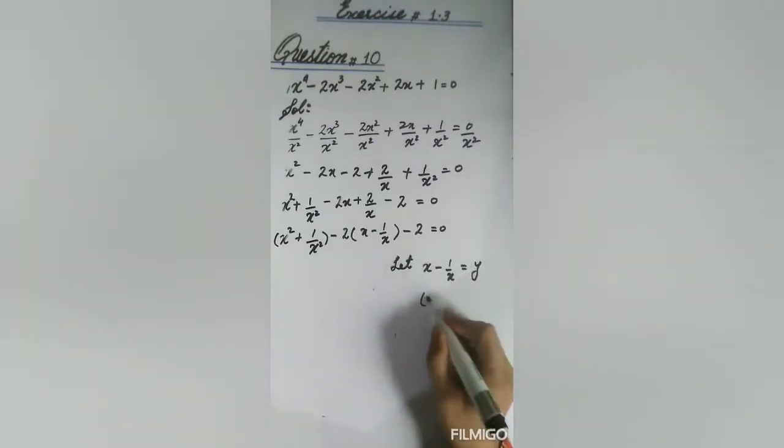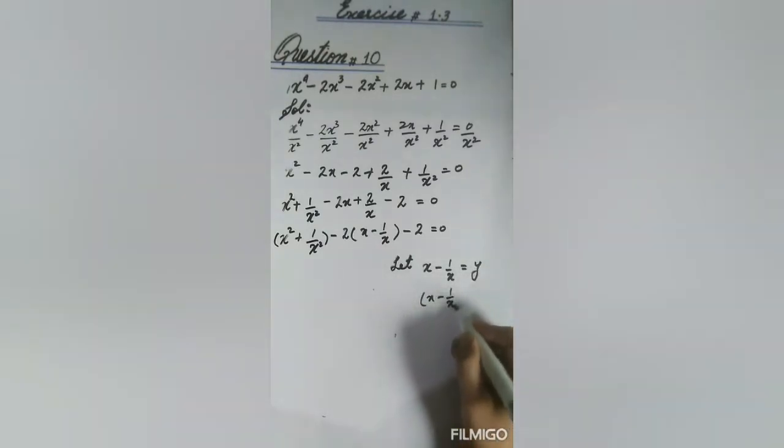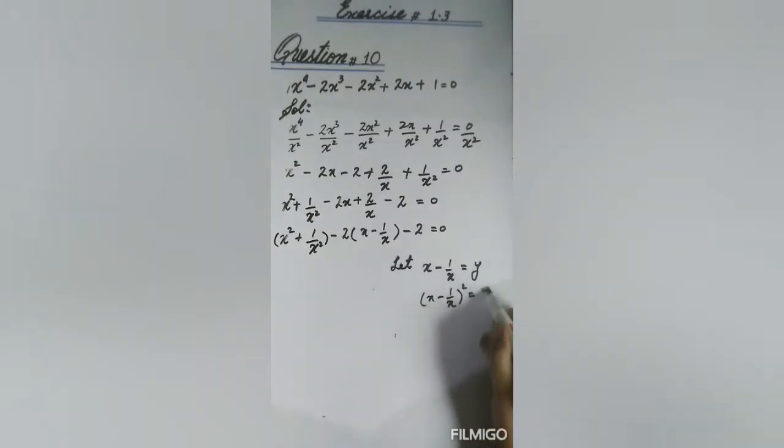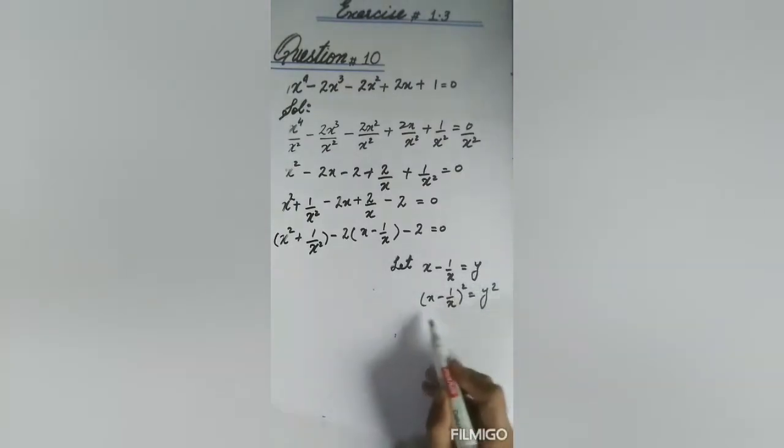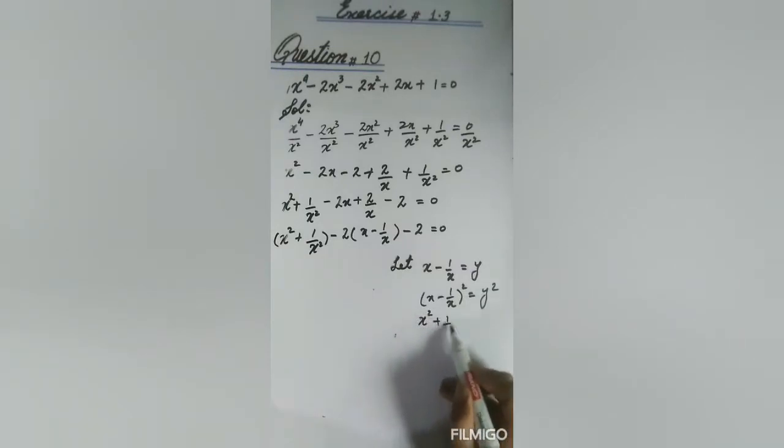When I take the square on both sides, I will have x minus 1 over x whole square equals y square, and after opening the square I will get x square plus 1 over x square minus 2 equals y square, so x square plus 1 over x square equals y square plus 2.